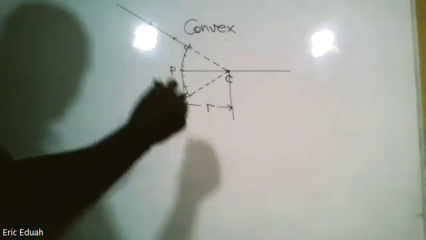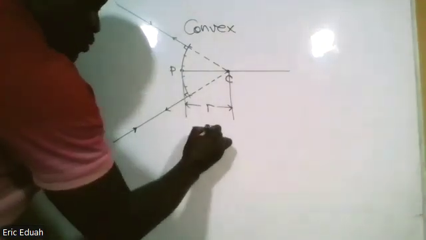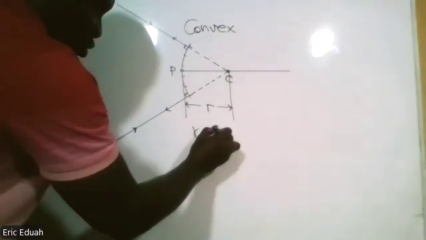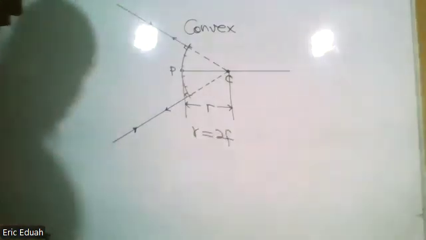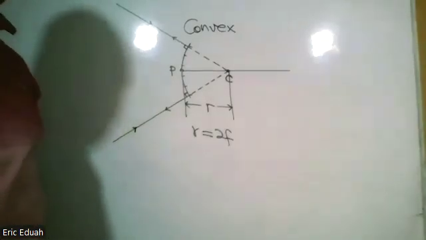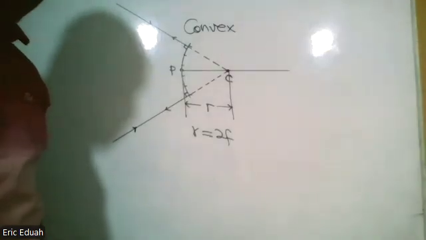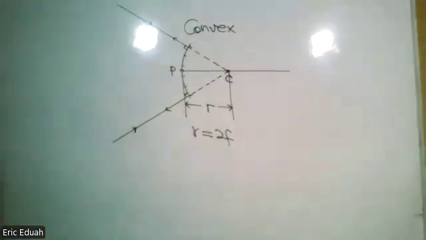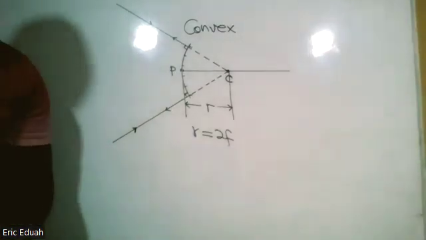And still, in mirrors as well, in convex mirrors, R is also equal to 2F. Any question? So that is the center of curvature and the radius of curvature of a convex mirror.